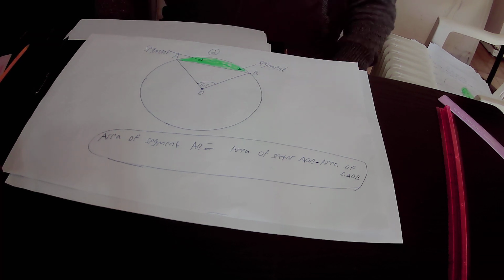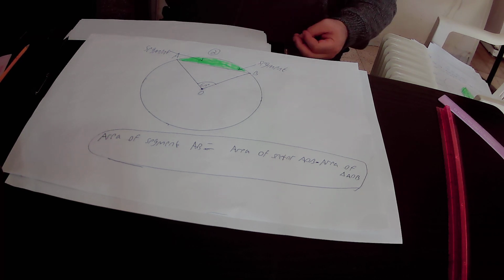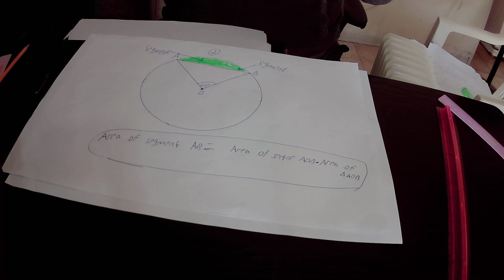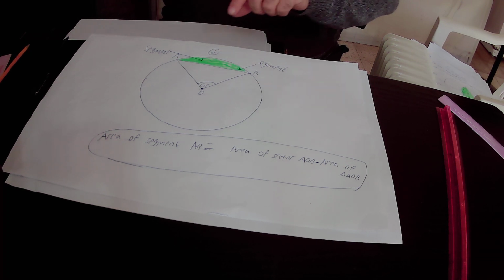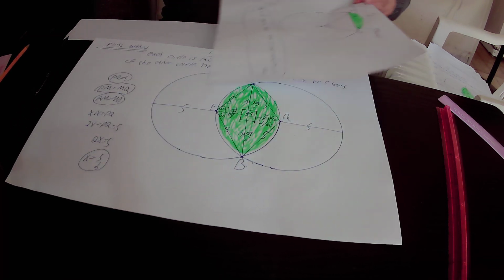Okay, so the area bounded by an arc and the chord attached to that arc is a segment, and the formula for its area is the area of sector AOB minus the area of triangle AOB. Okay, so this is the definition of a segment.